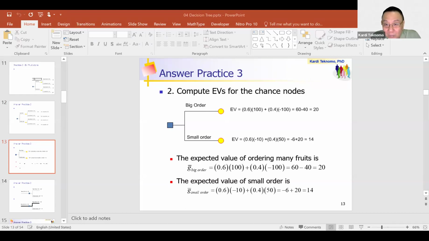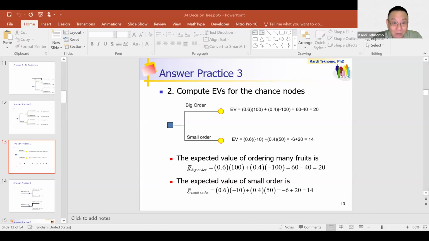You combine them, so you get 60% times 100 plus 40% times minus 100. So the value in this chance node becomes 20. The same thing with the small order here, multiplying the probability with the value. So now the EV in the chance node is already computed.